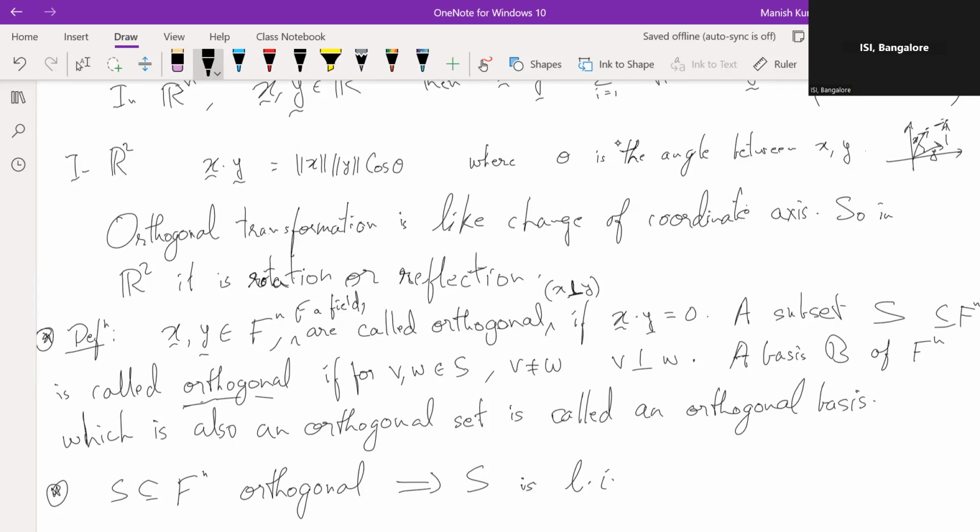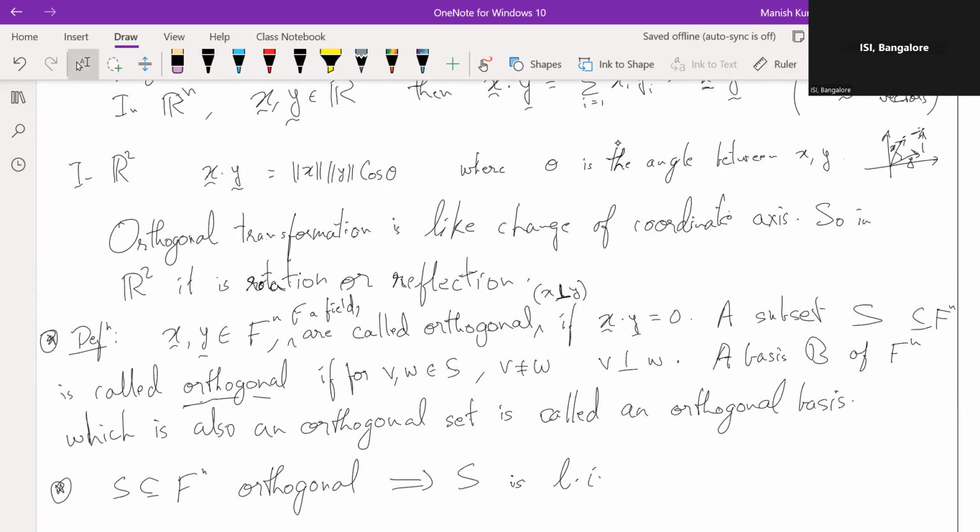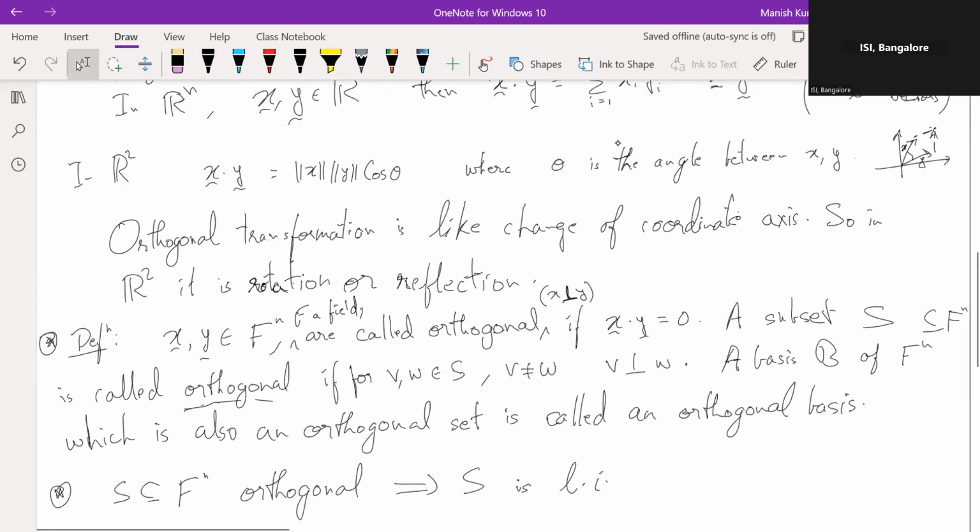Now if you are given a subset S of Fn, we say that S is called orthogonal if for all v, w in S, v not equal to w, they are orthogonal. And a basis of Fn which is also an orthogonal set is called an orthogonal basis.